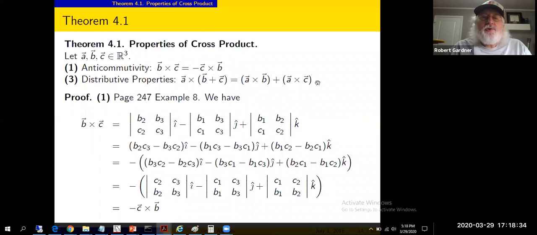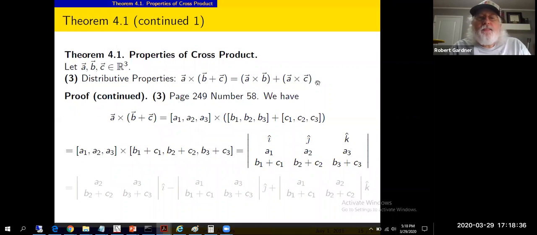How about distribution? Let's establish that. So the claim is A cross (B plus C) equals A cross B plus A cross C. Okay, let's write them in components. So let's take A, B, and C, write them out as components. Let's do the vector addition first, add vectors component-wise. So we get the vector A1, A2, A3, cross product, the vector B1 plus C1, B2 plus C2, B3 plus C3.